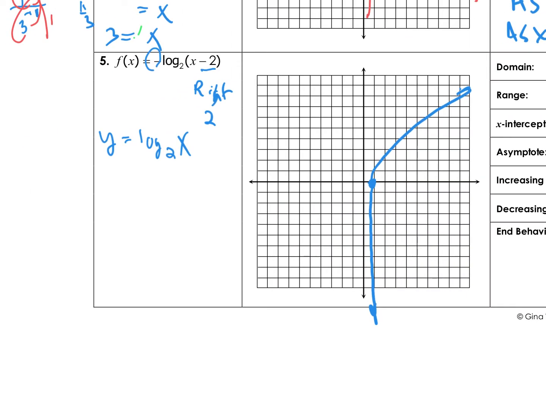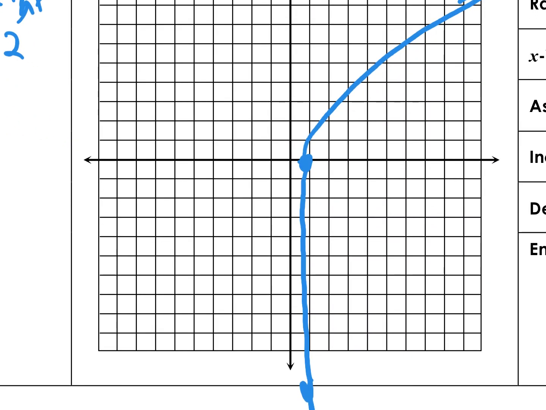This picture has to flip upside down, and it has to shift to the right too. So what I'm going to do is take this dot, 1, 2, I move it here. I'm going to take this asymptote that's right next to it, and I'm going to move it to 1, 2. So here's my asymptote now.